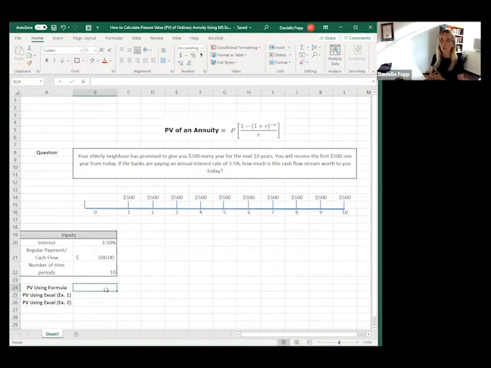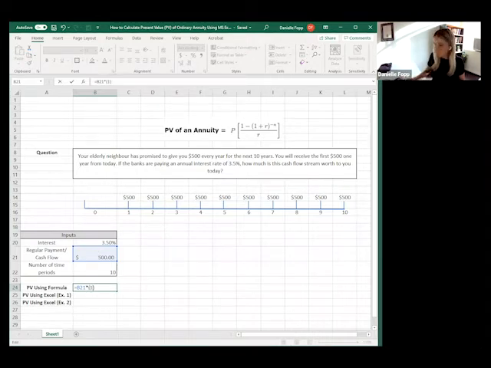So let's start off by calculating what the formula gives us. Now, it's very important to use brackets here. So we start off with cash flow. It's a good idea to create this little input box because you can use the same formula for different questions without too much hassle. So we have cash flow multiplied by, now brackets are going to be your best friend for this formula.